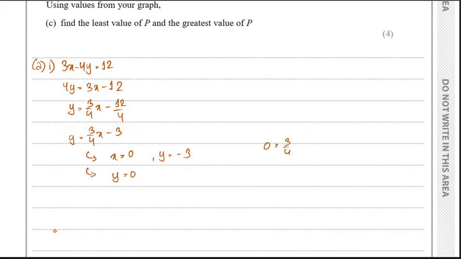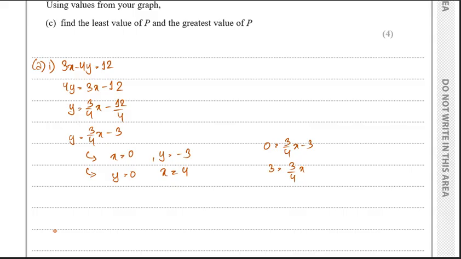So 0 equals 3 by 4 x minus 3. So 3 equals 3 by 4 x. So this is going to be 3 multiplied by 4 divided by 3. So 12 divided by 3, x would be 4.